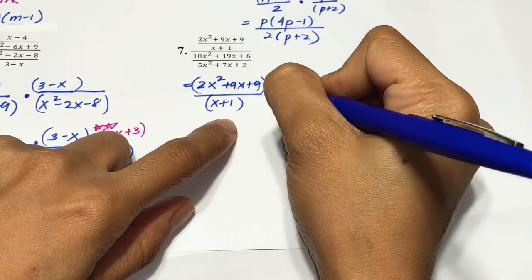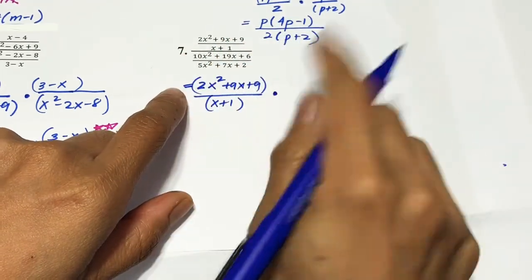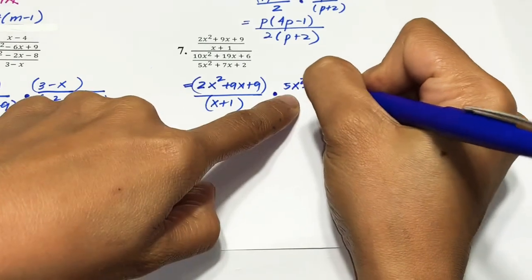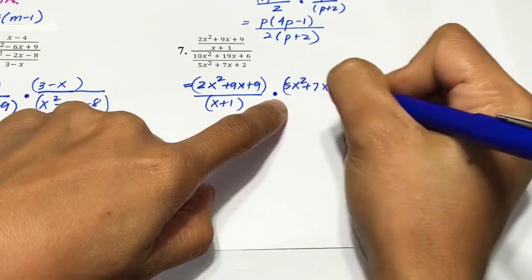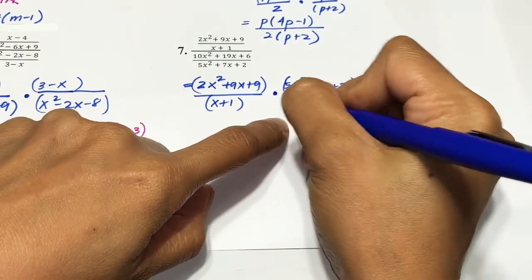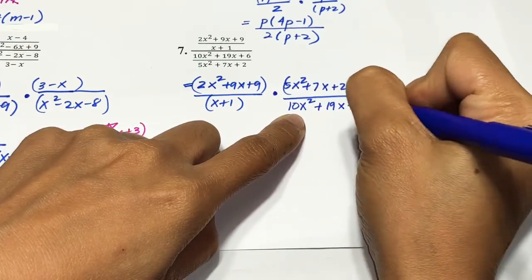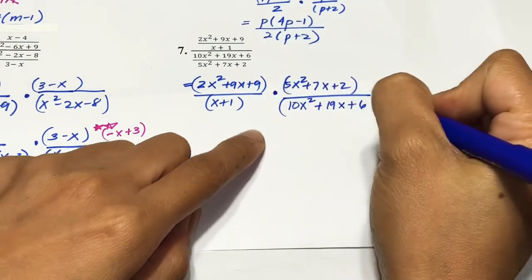Times, instead of divide, times its reciprocal. So 5x squared plus 7x plus 2, and 10x squared plus 19x plus 6.